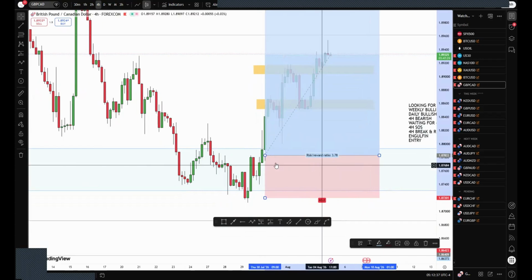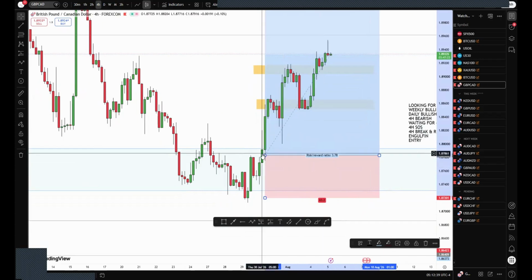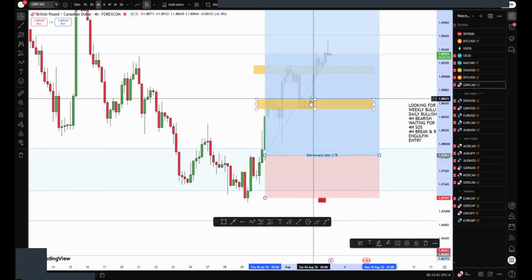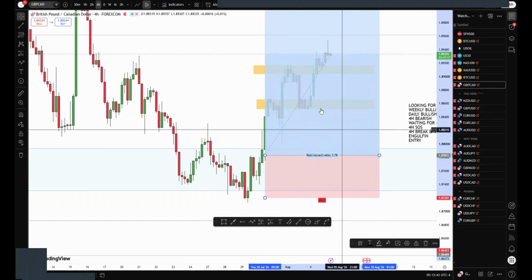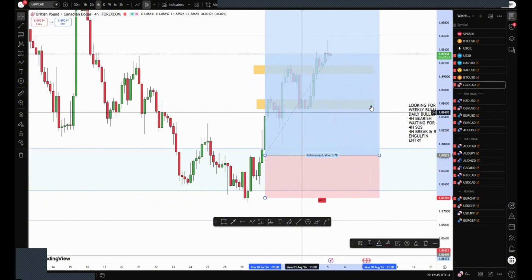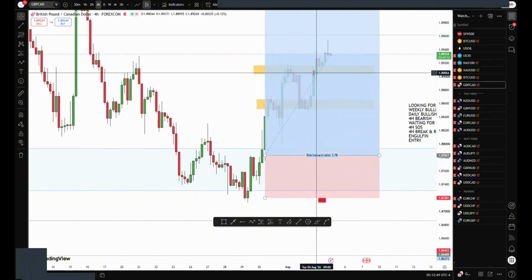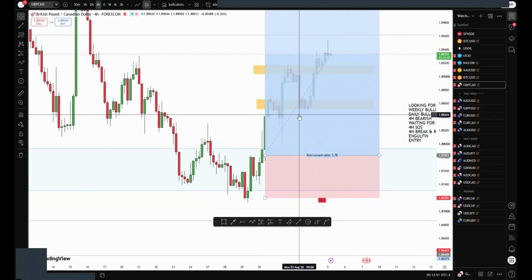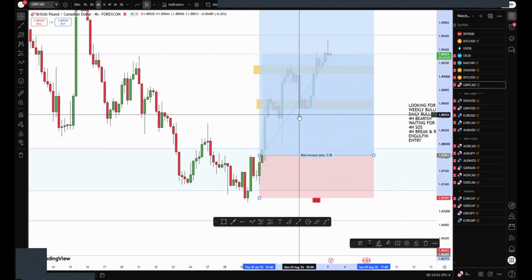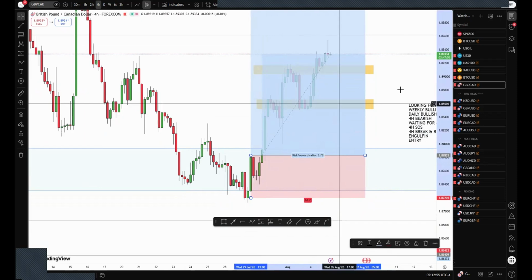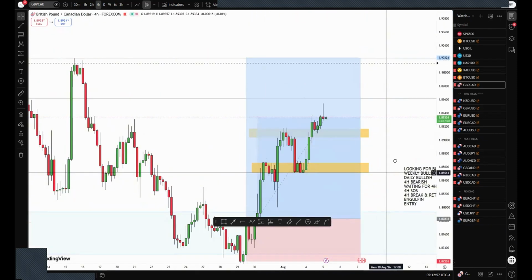What happened was price came and filled the level. Same with this level here. What happened was price came back to fill the wick, you can see. So it's also the same thing.